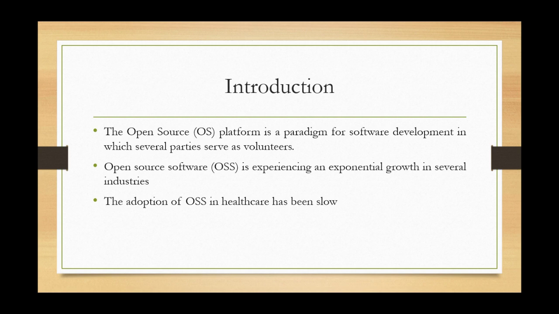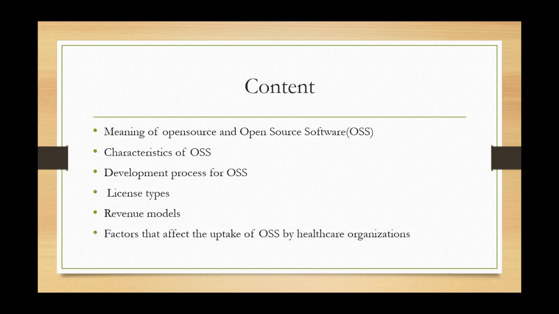So in this series of videos, we'll describe the meaning of open source software, the different characteristics of open source software, development of open source software, the different license types, revenue models, factors that affect the uptake of open source software, and even customization of open source software.